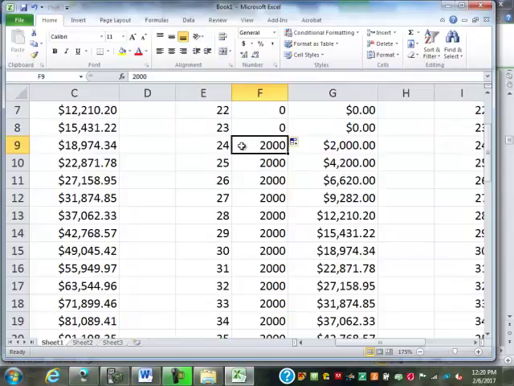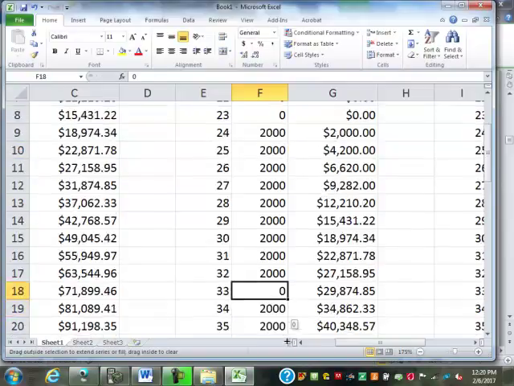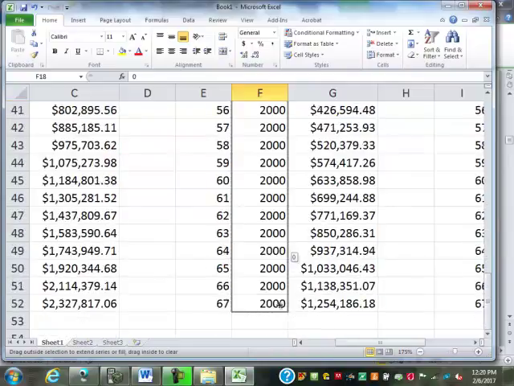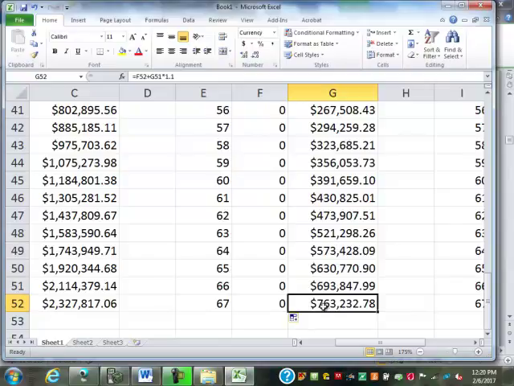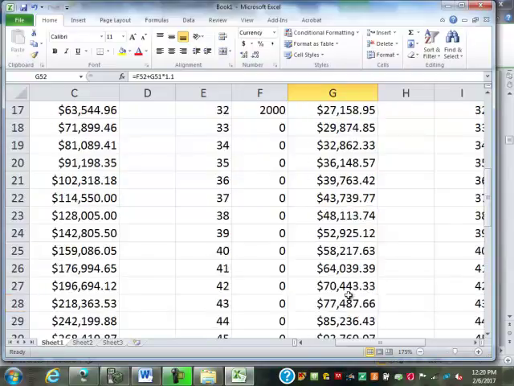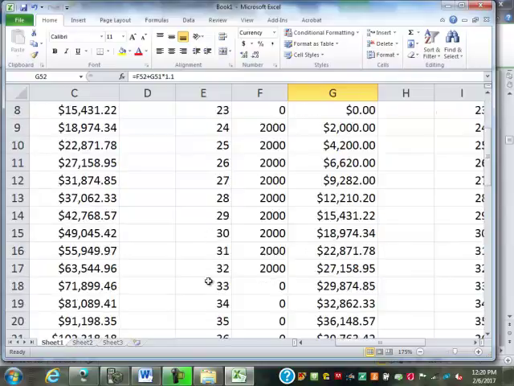You put away that $2,000 every year from 24 to 32. And then after 32, you say, you know what, I'm done investing. You don't put another penny away till you're 67. You still have over $750,000 there. So that was starting at 24 going to 32.